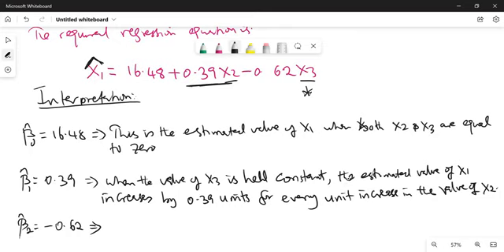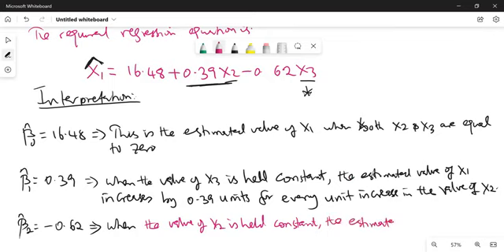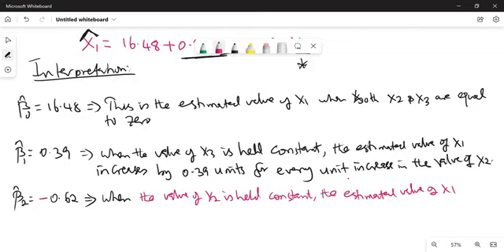So here we start by saying when the value of x2 is held constant, in other words, if you control that value, then the estimated value of x1, because it's a negative sign, decreases by 0.62 units for every unit increase.